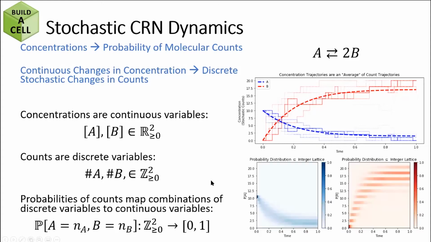So when you look at that, what does that look like? Well, it looks like a distribution like this. So here, for each point on the integer lattice, I have a probability of a certain number of A, and that changes with respect to time. And so these are really vectors where at every point in time I have lots of probabilities for all of the different possible states I can be in that are varying with respect to time.